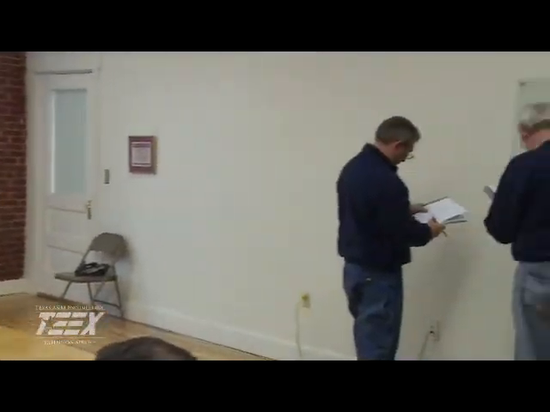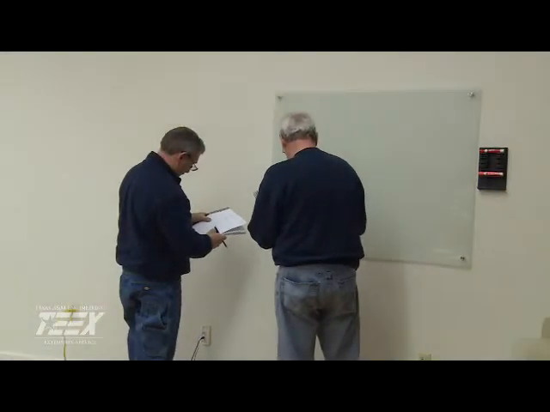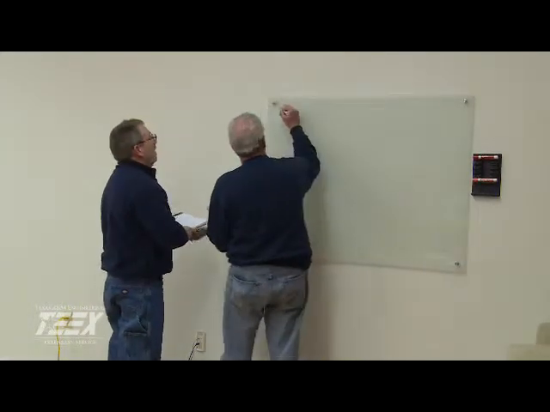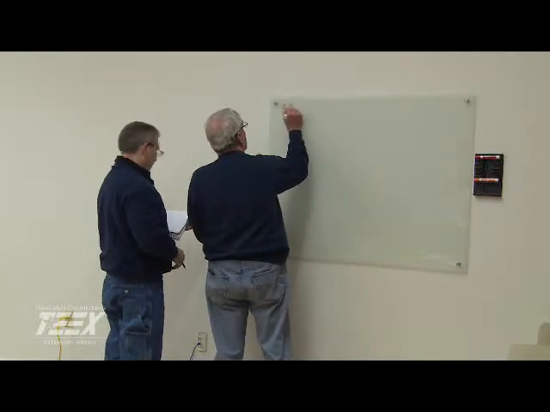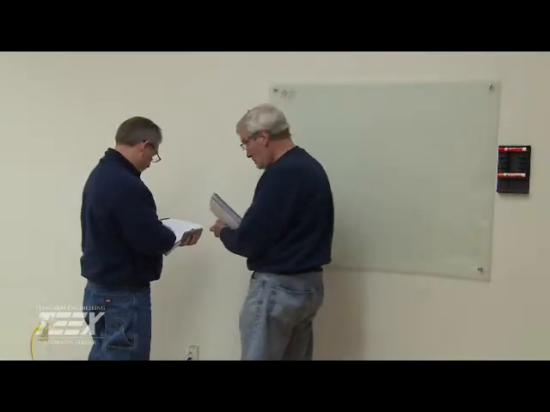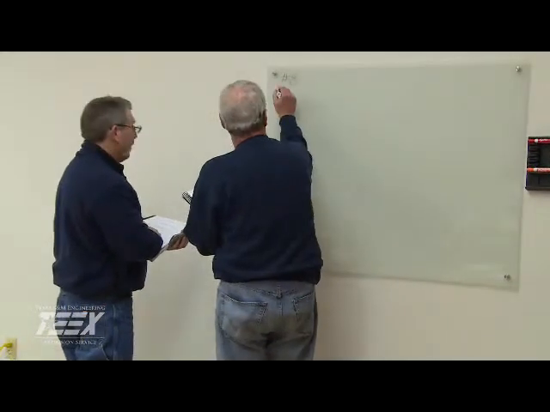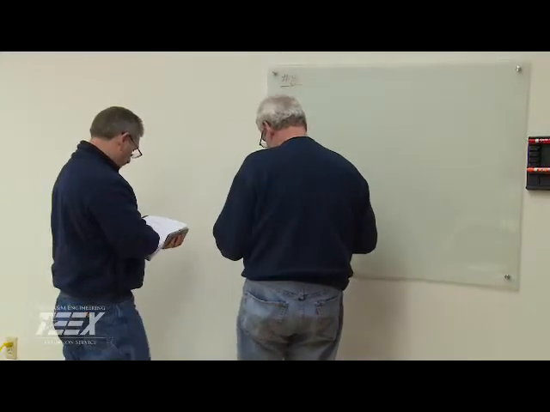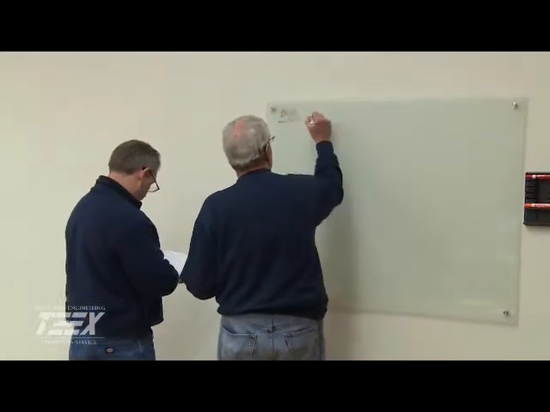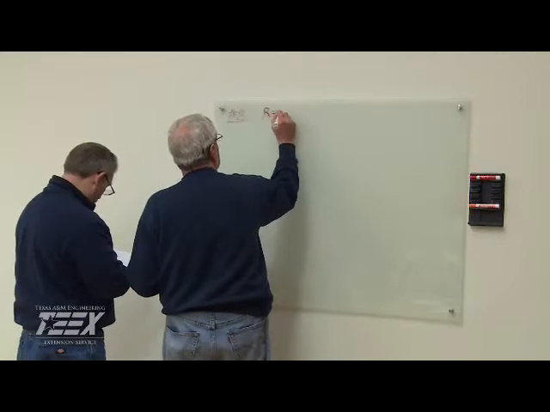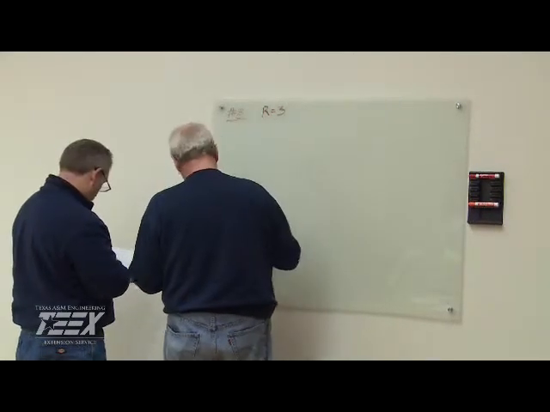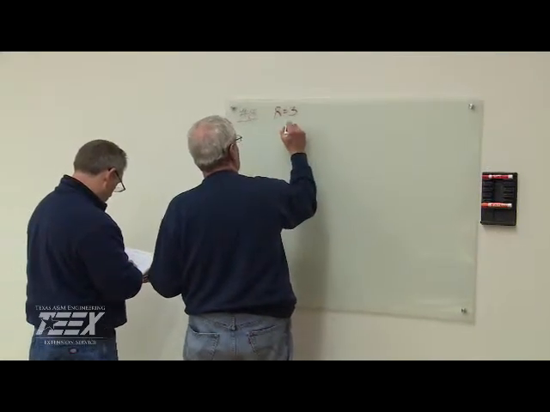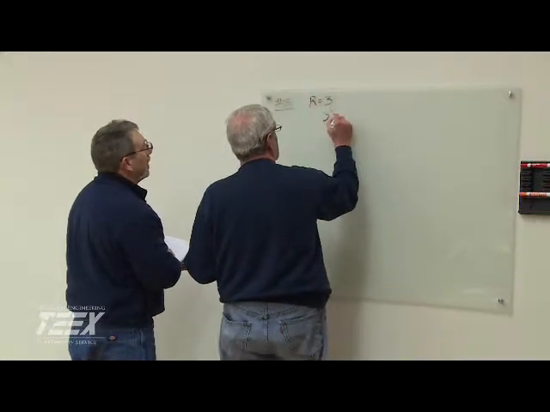3.14, the formula, times 0.5. Then 0.25, because now I have to divide it by 2 for the radius. So times 0.25, that's your radius, times 0.25, times the 500 feet length, times the 7.48.